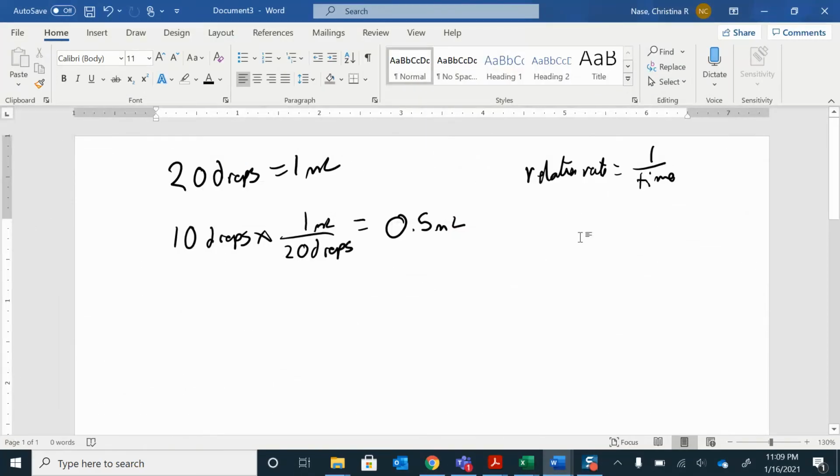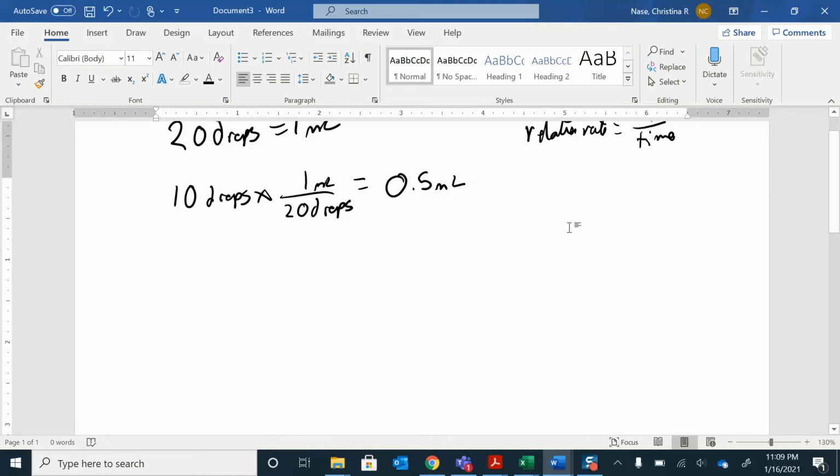So again, we're using this equation, M1V1 equals M2V2, and we're going to have to do this for both reactants. The first reactant, the sodium thiosulfate, Na2S2O3, that first concentration was 0.1. That's on the bottle, that's our stock solution.